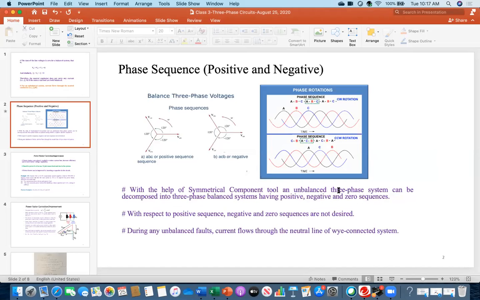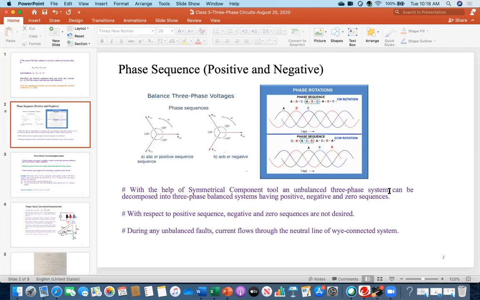That is the thing I explained through the whiteboard. And everybody keep in mind that zero sequence is the most detrimental, the most harmful for the system, because it is zero sequence. Although they are not making an ABC or ACB sequence, all three phases are on the same line.